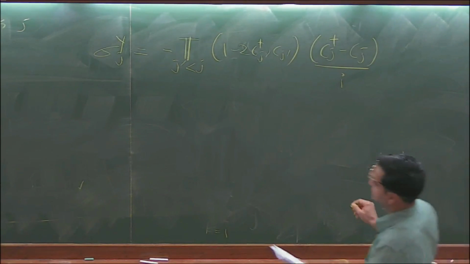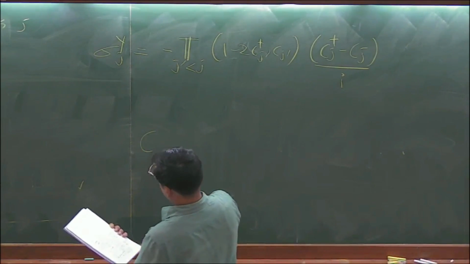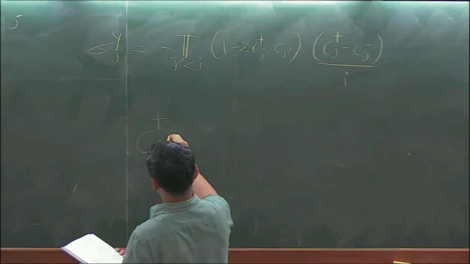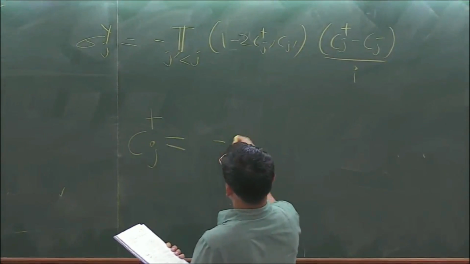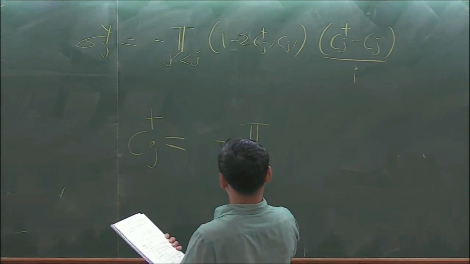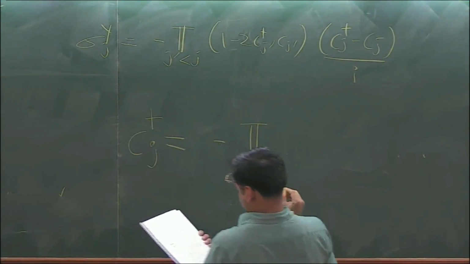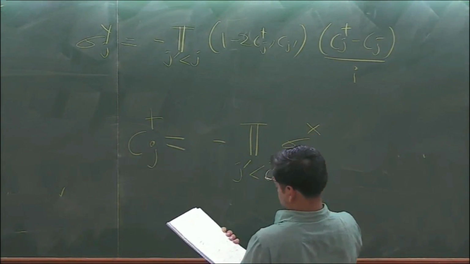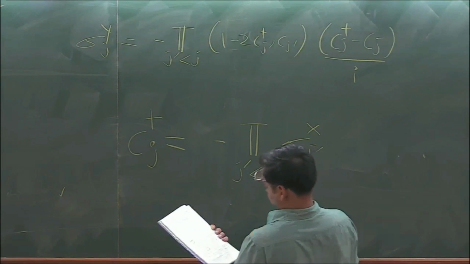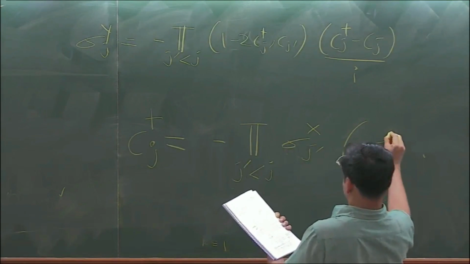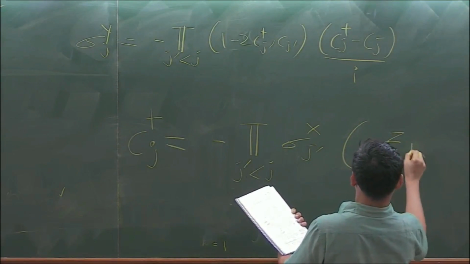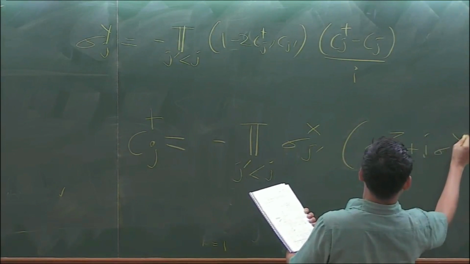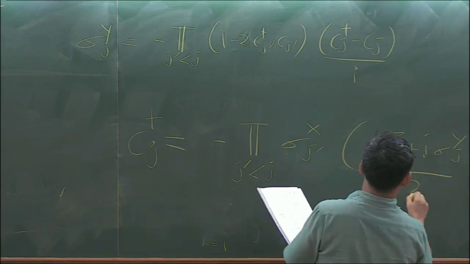The reverse relationship, which you should be able to check quite easily, is C dagger j, the creation operator, is minus the product over j prime less than j of sigma x j prime, times (sigma z j plus i sigma y j) by 2.